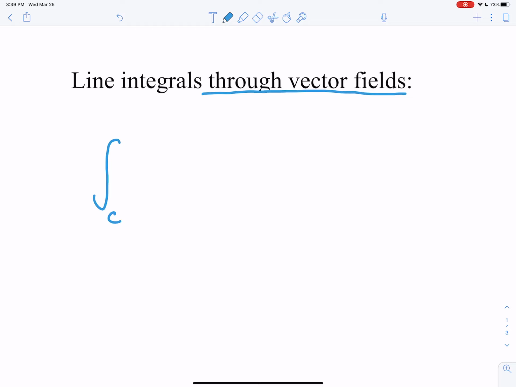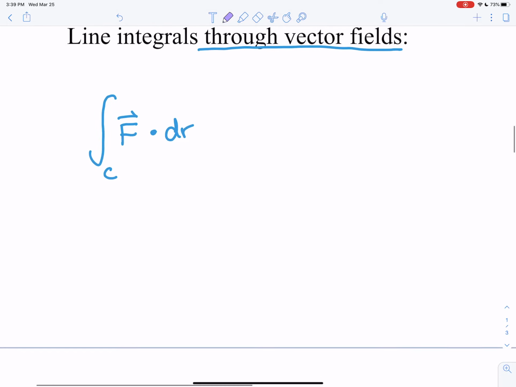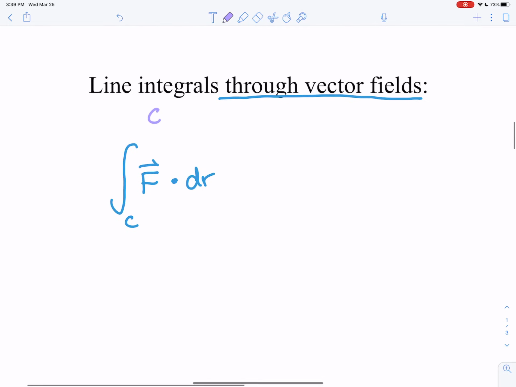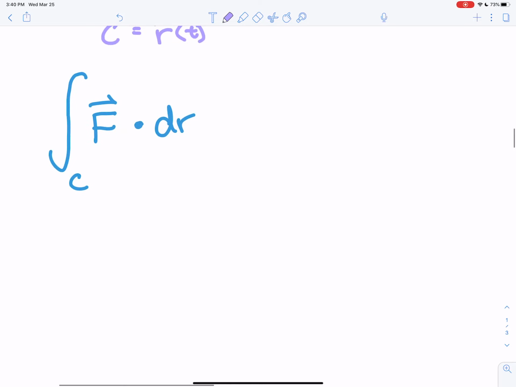You're integrating the vector function F dotted with dr. This dr is the differential of the curve, because we write our curve C as r of t. And so this right here is a differential in the path of integration.